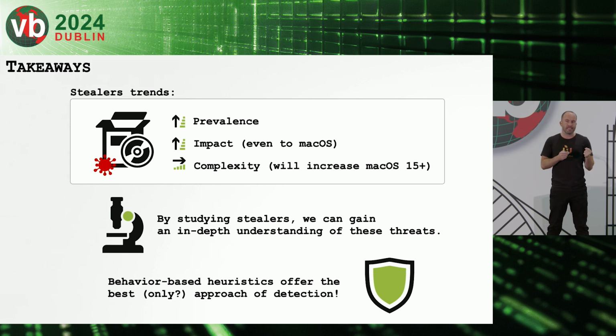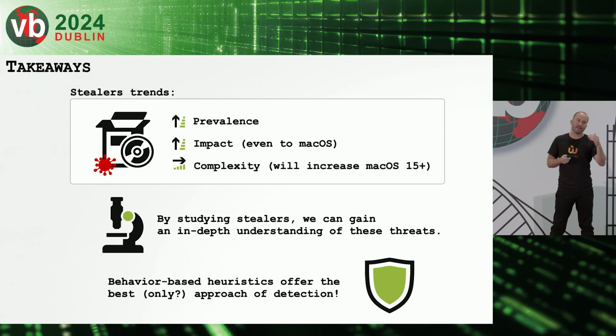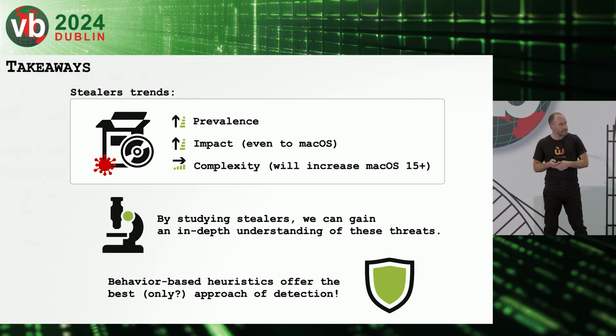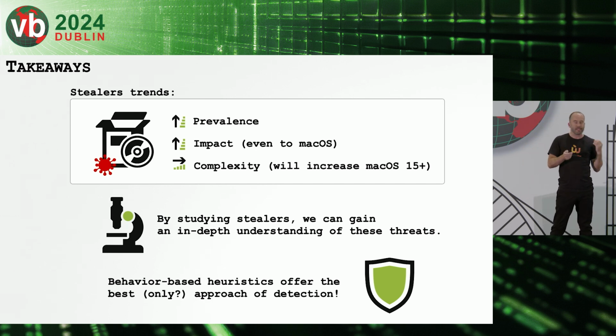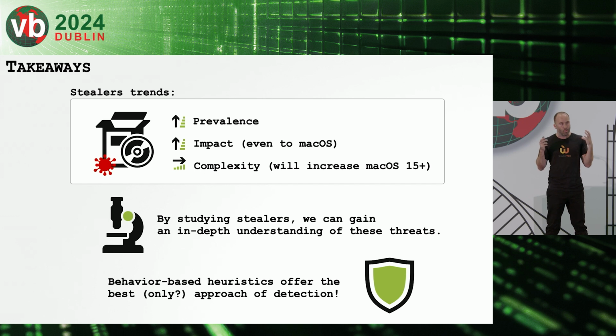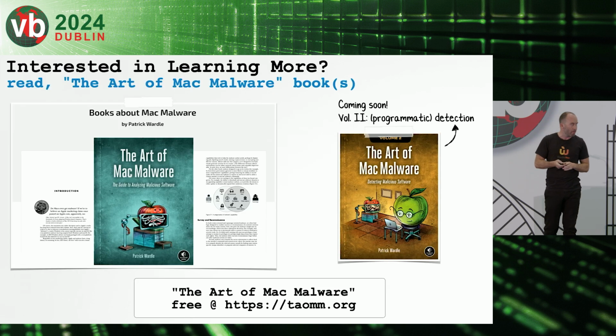So we're going to likely see the attackers have to evolve. Let's keep an eye on these stealers because it's very likely that the next generation is going to be more sophisticated. So my goal today was hopefully show you a good understanding of stealers, dive into specific ones, and then with an understanding of those, hopefully inspire all of us to build better heuristic-based detections that can generically thwart both the stealers of today and hopefully the ones of tomorrow.